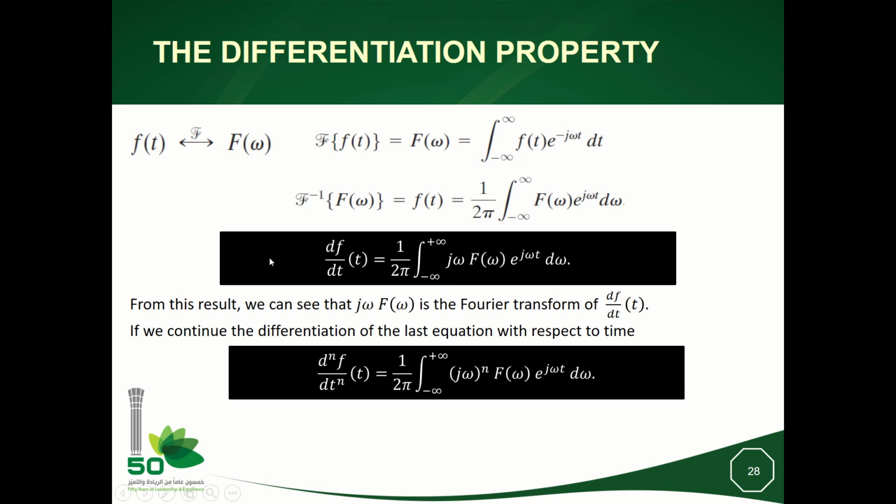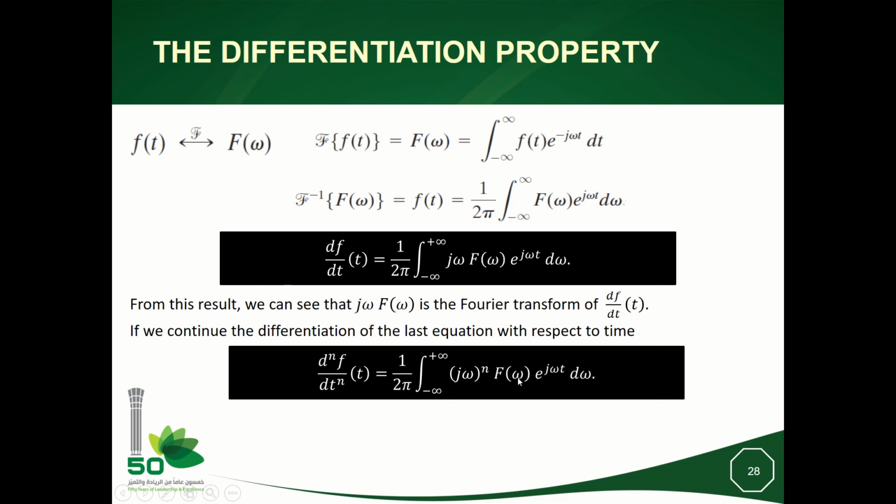If we continue the differentiation with respect to time from this expression, n equal to 1, 2, 3, 4, the nth derivative of f with respect to time, we see that at each differentiation we multiply by another j omega. So the nth derivative of f with respect to time will be the integral of j omega power n times F of omega exponential j omega t d omega.